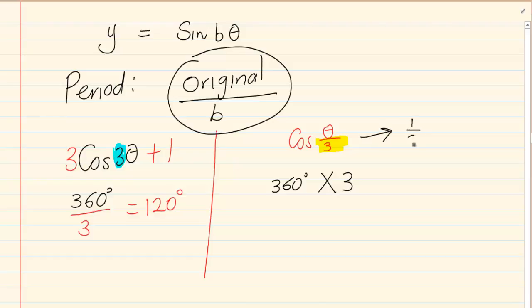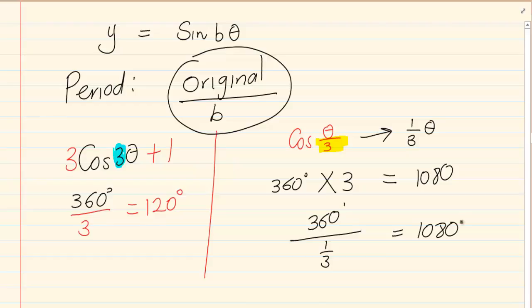It is actually a third theta. So if you say 360 times 3, you're going to get 1080, or you could say 360 divided by a third, which will also give you 1080. So when you're working with period, remember it's original divided by b.